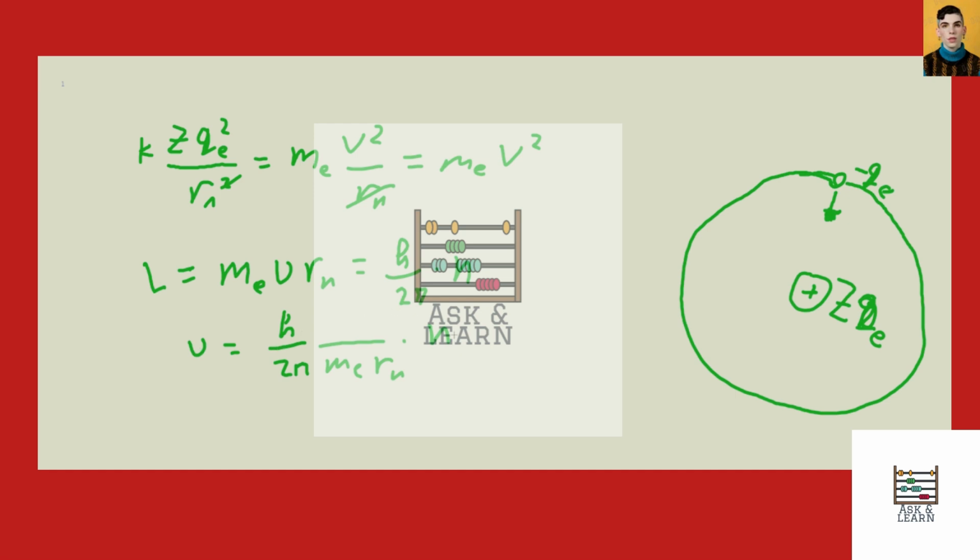And let's plug this V here. So we get, and let's rewrite the formula. So the left side remains the same, Qe squared R_n is m_e, and this quantity is squared.